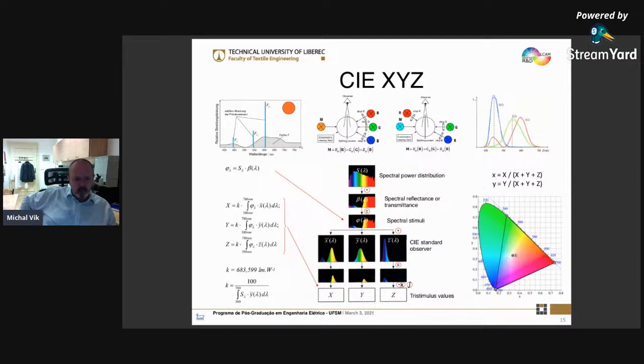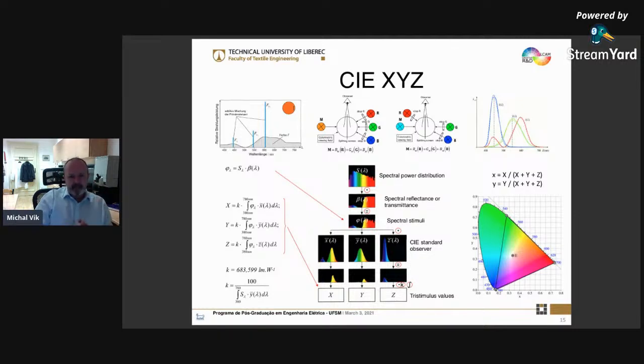And if the color, for example, on the left side of this stimulus is created from a light source, and on the right side is created from reflectance from an object color, here you can see it is impossible to recognize the difference between them because both colors are equal.